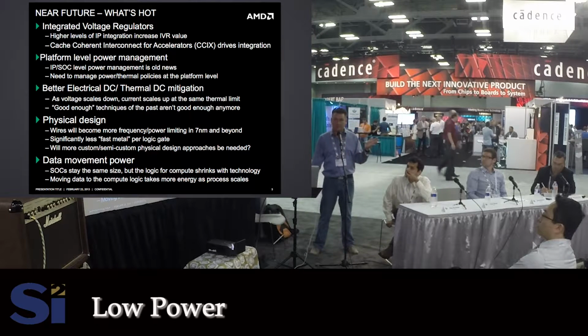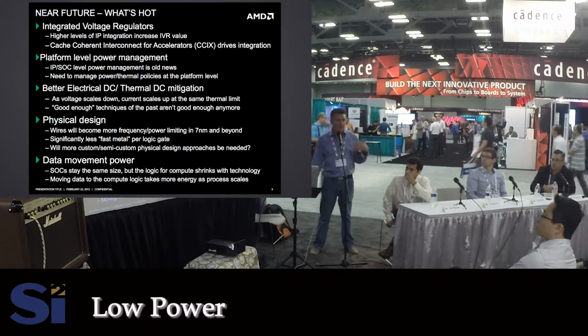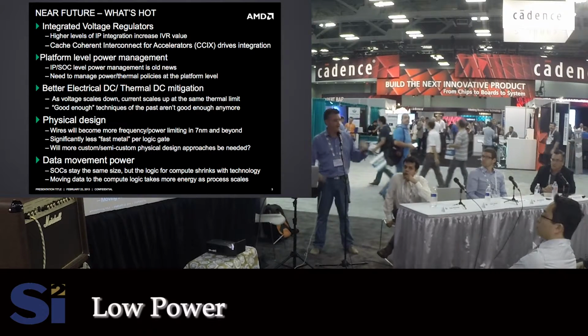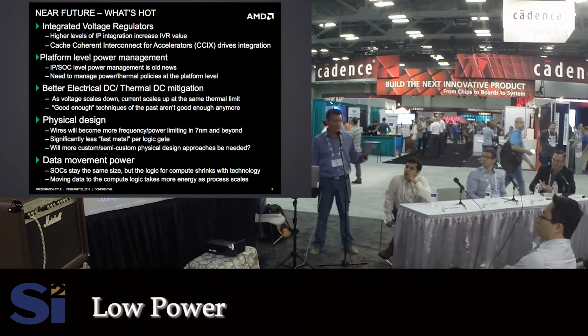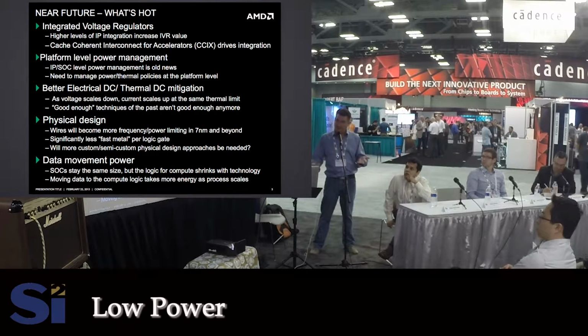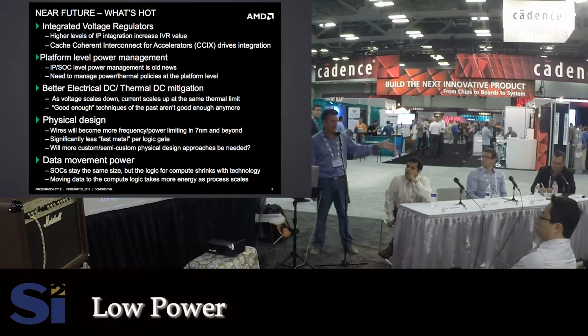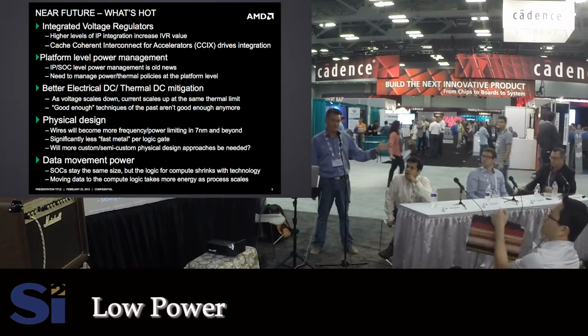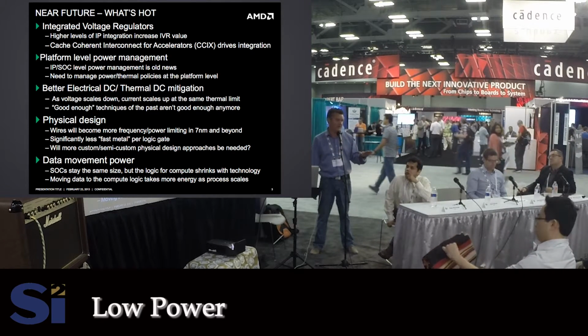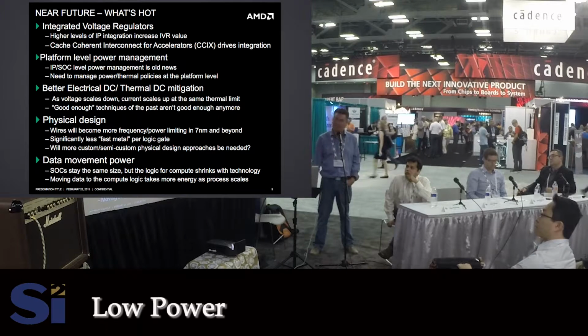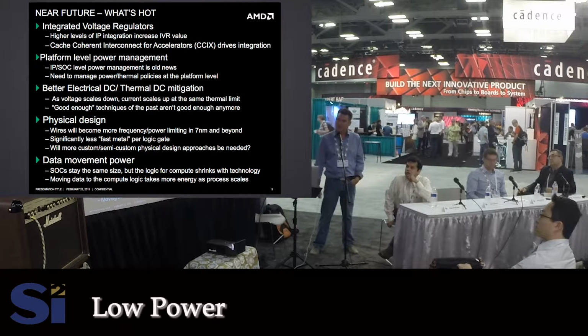Based on what the workload is doing, you have hardware or firmware, or some combination of the two, that allocates power budgets and shifts the DVFS point for all the IPs in the system, so in the SoC. Well, that's old news. Now we've got to do the same thing at the platform level. We've got to figure out how to allocate power to the display, the hard drive, changing fan policies. Those are the kind of things that are the next level in power management. I think that's where the industry is going to go.